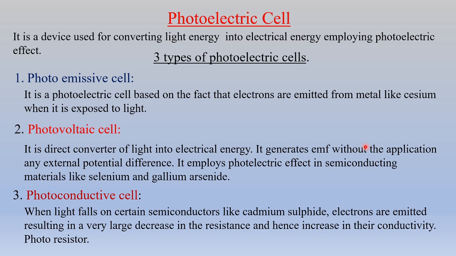That is why it is called a photoconductive cell. These photoconductive cells are mainly used as photoresistors. And photovoltaic cells can be used as a source of electricity to power electronic equipment.